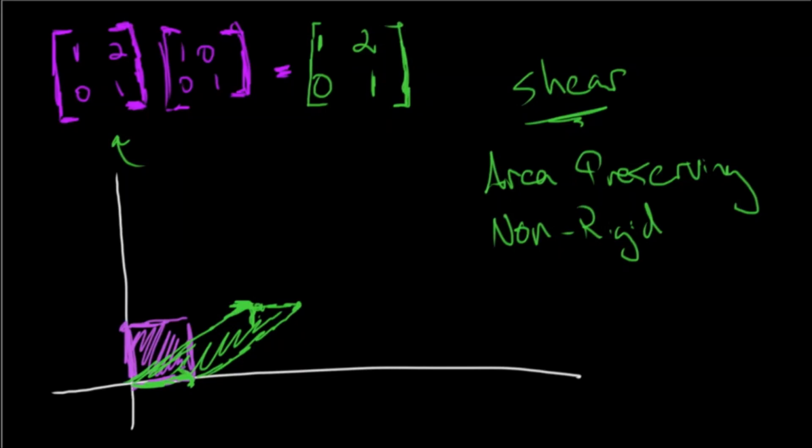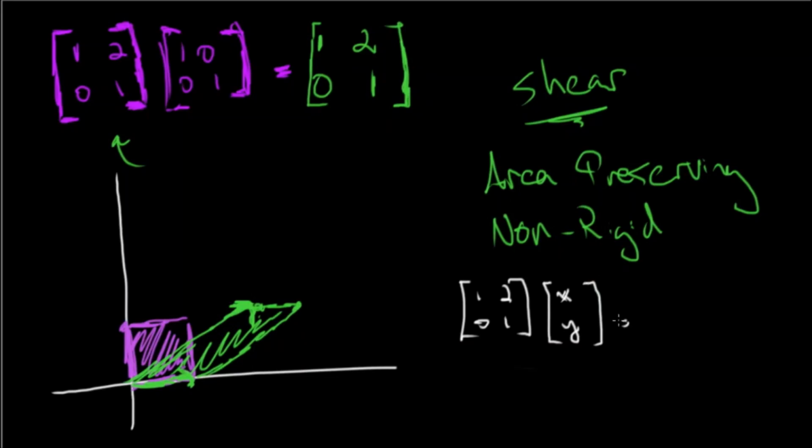Let's look exactly at what this thing did, though, in general. So let me go ahead and set myself up. We have a matrix 1, 2, 0, 1, and we're looking at what it's doing to an arbitrary vector, x, y.